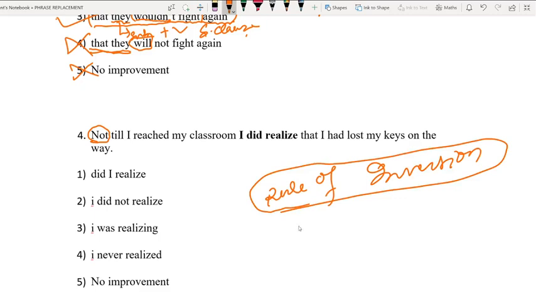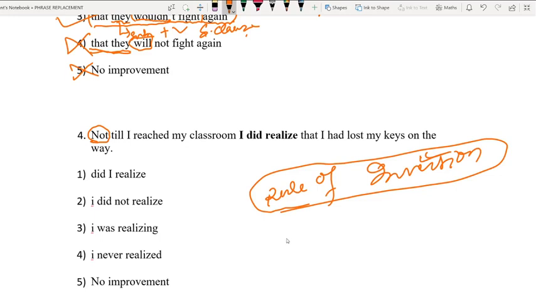For example, not, no sooner than, neither nor, hardly, scarcely. These sentences have to be written following the rule of inversion structure.